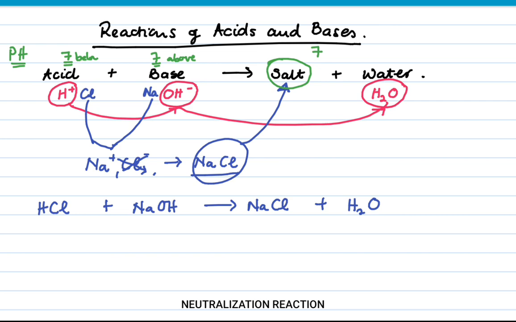So you will notice that when hydrochloric acid reacts with sodium hydroxide, it gives you a pH value equal to 7. And the water also has a pH value equal to 7. The reason why the pH value is equal to 7 is because water is not a proton donor or a proton acceptor. It is just a neutral compound.